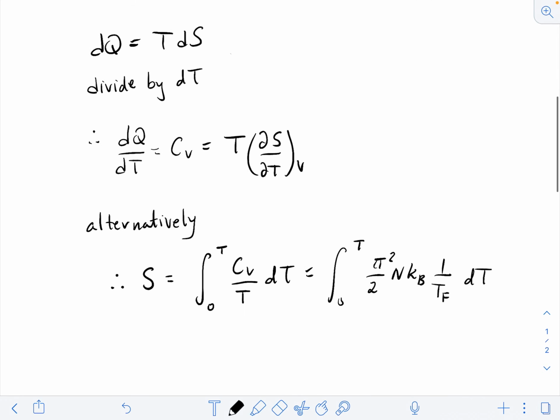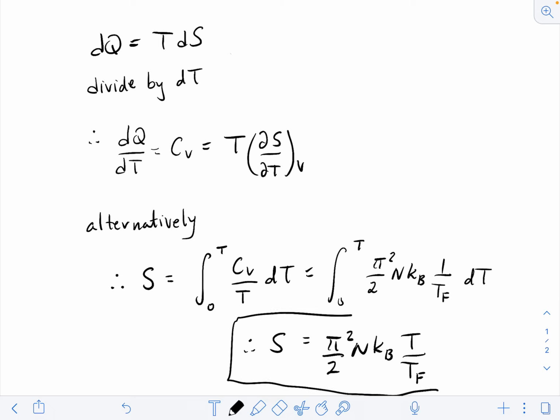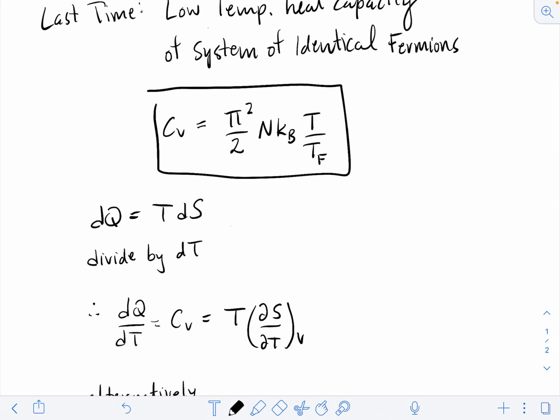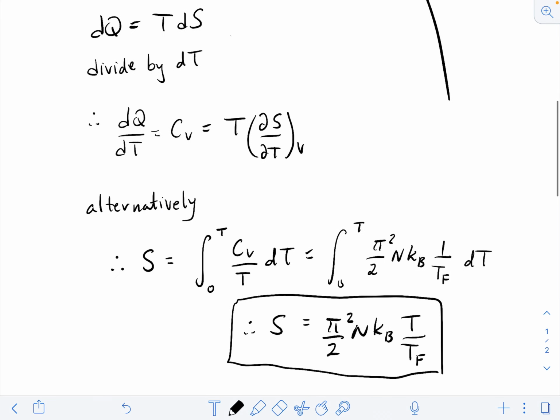So if we were to now evaluate the integral, we just have the integral of a constant, and we would get S is equal to, in fact, the exact same expression that we had for the heat capacity. And so the low temperature entropy and heat capacity are the same expressions. Okay, good. So that was just tidying up one little detail that remained from the last discussion.